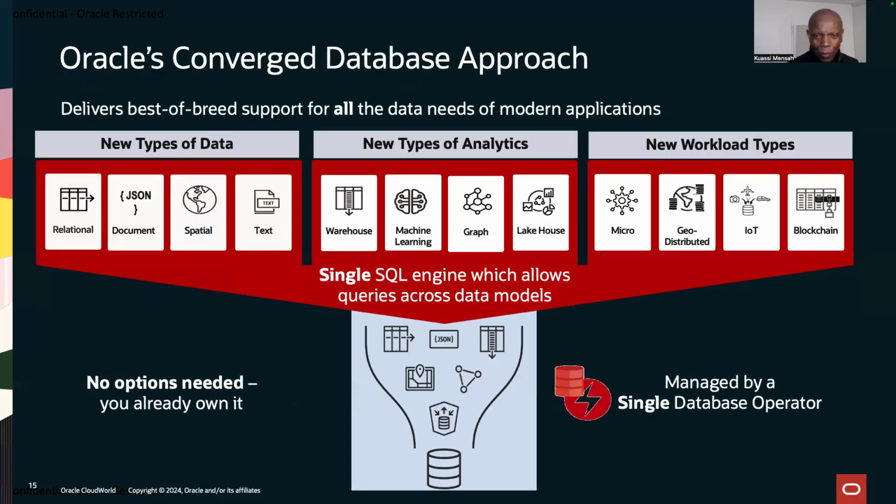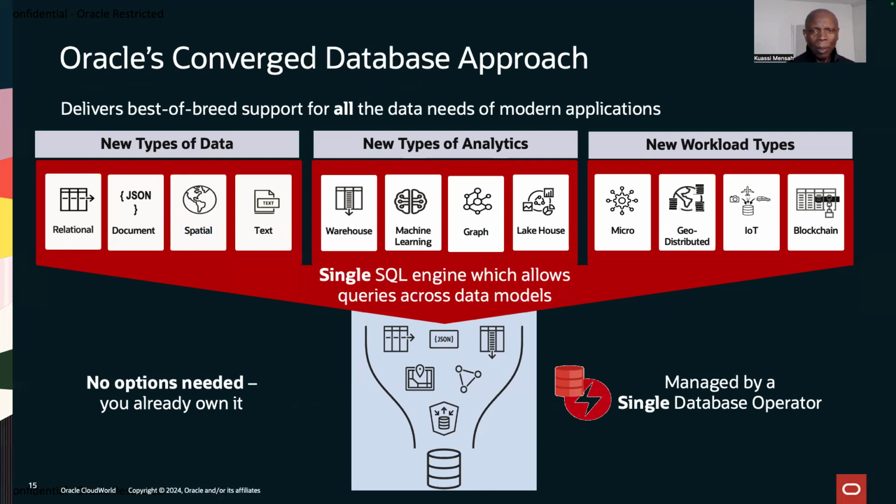Okay, so the second approach, and Oracle is not the only one providing this multi-model approach, we call it converged database. So the converged database gives you the same data models, but with a single engine. The single engine natively supports all the data models that you will require.